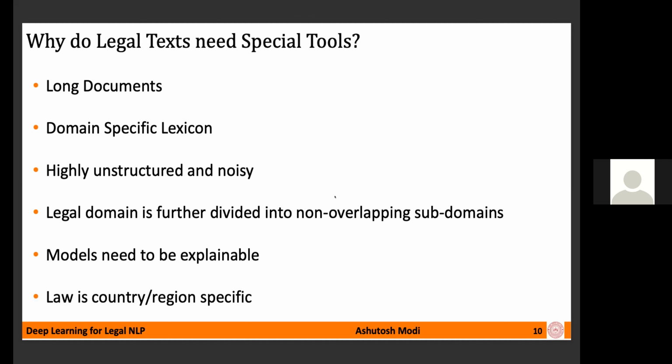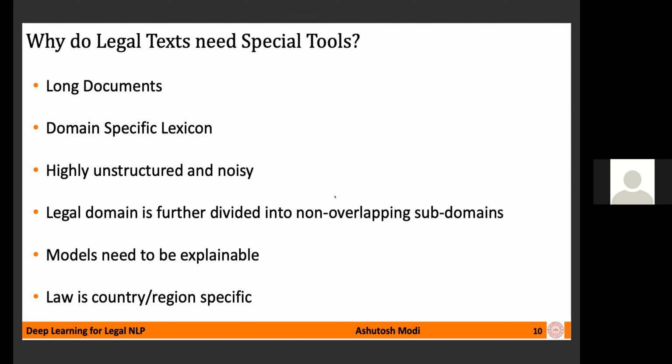And lastly, the legal text is country specific, as many of you might have guessed. Different countries have different laws. So the techniques developed for one particular legal system may not generalize to the legal system in another country, right? For example, if you develop a model which works very well on European Union law, and you try to use that same model in the Indian setting, it usually doesn't work so well.